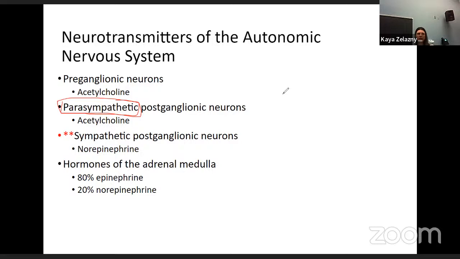Done. In a sympathetic pathway, the sympathetic preganglionic neuron releases acetylcholine, which is received by the postganglionic neuron. But then that postganglionic neuron is usually going to release norepinephrine. Our exception is those specialized chromaffin cells in the adrenal medulla, in the center of the adrenal glands, which release some norepinephrine but mostly release epinephrine.